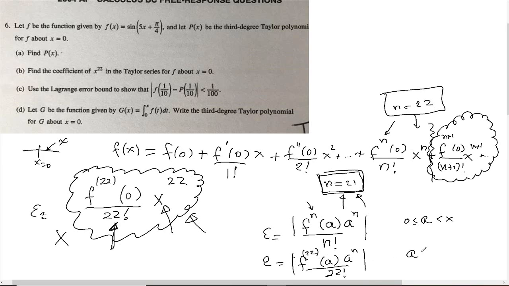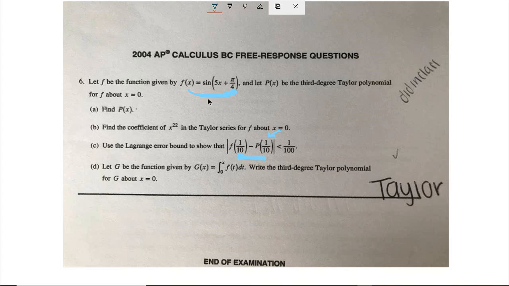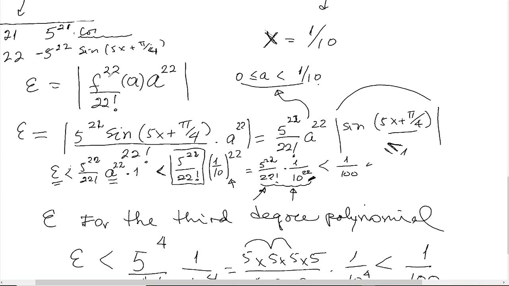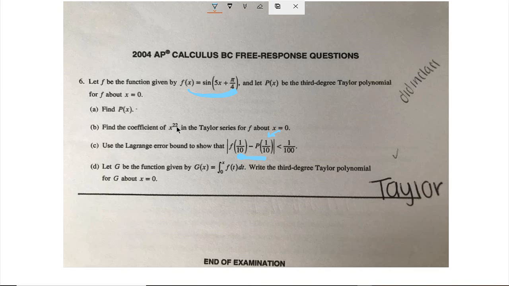where a is between 0 and x. Remember that the function is f(x) equals sine of (pi x plus pi over 4), and we are trying to find the approximation for x to the 22, but in fact I calculated it for x to the 21st because I use the number 22 in the Lagrange error formula.